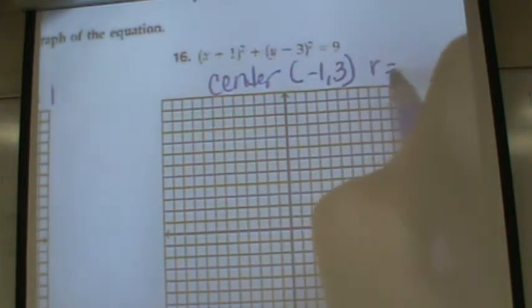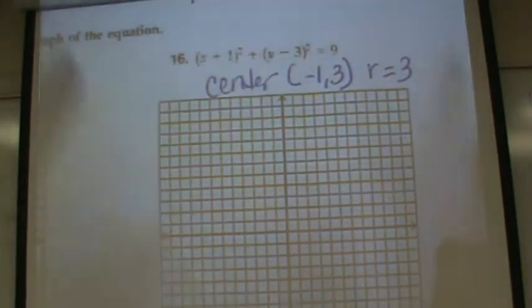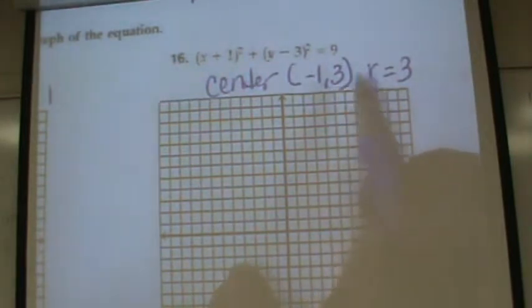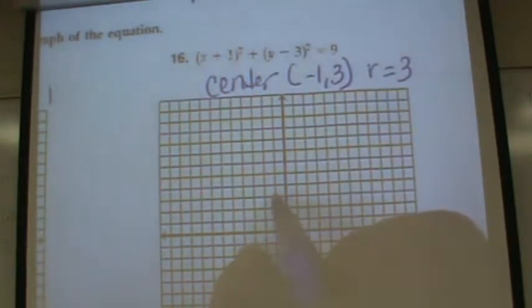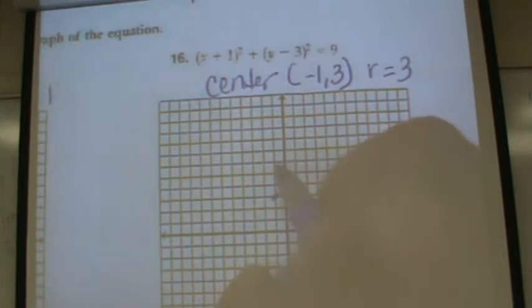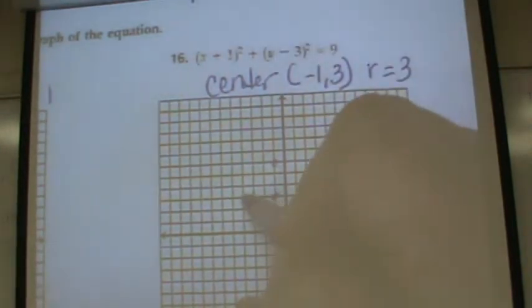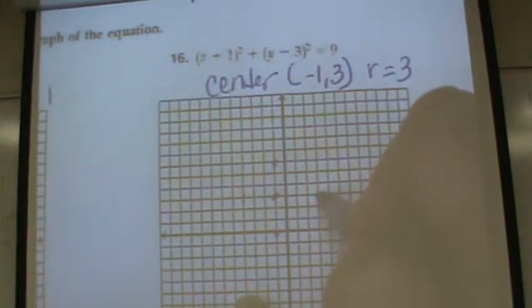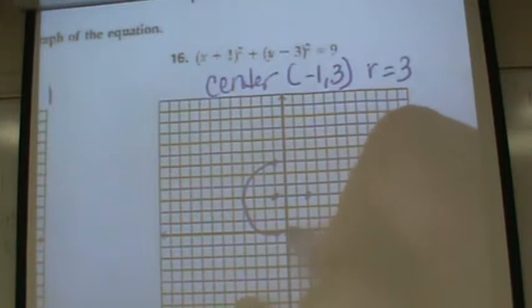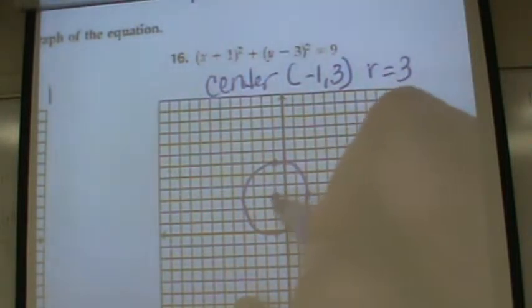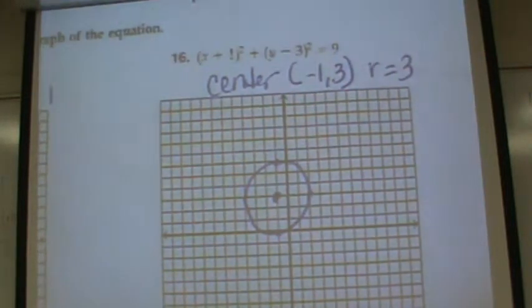What's your radius? 3. So we're going to locate (-1, 3). Here's your center, and you're going to go 3 up, down, left, and right. Questions?